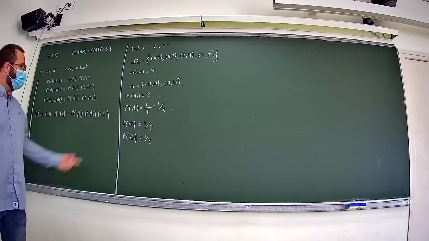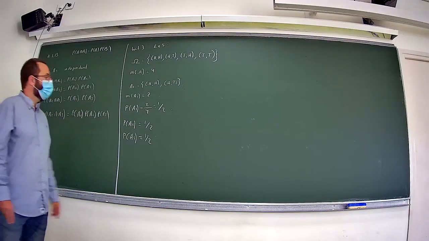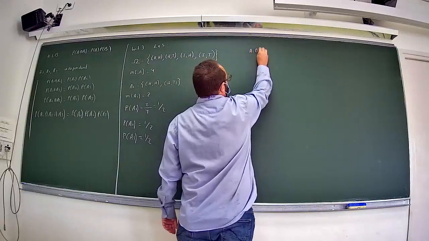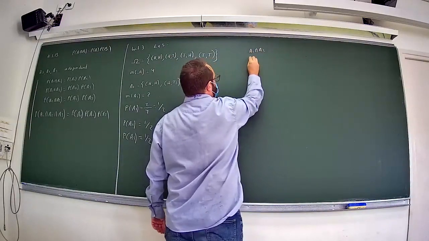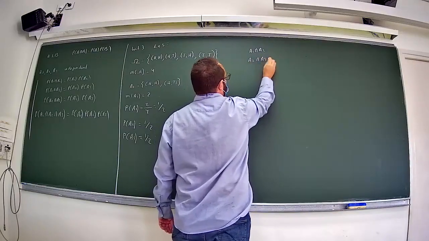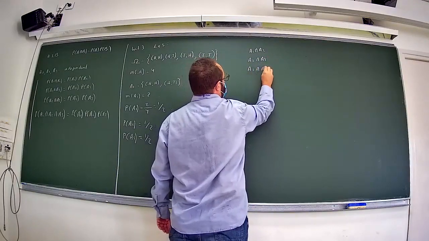And I will use this in order to compute these terms here. What is A1 intersected with A2? What is A2 intersected with A3? And what is A1 intersected with A3?